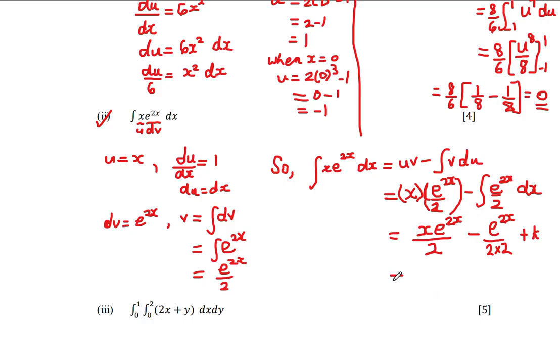So then this can be written finally as x e to the power of 2x upon 2, take away e raised to the power of 2x upon 2 multiplied by 2, which is 4, plus the constant of integration, which is k. And that would be the final answer.